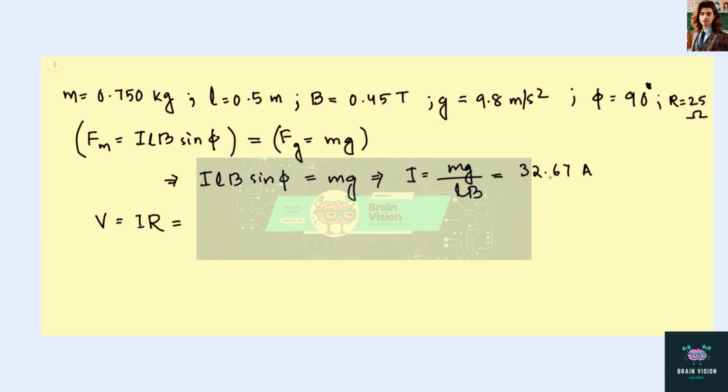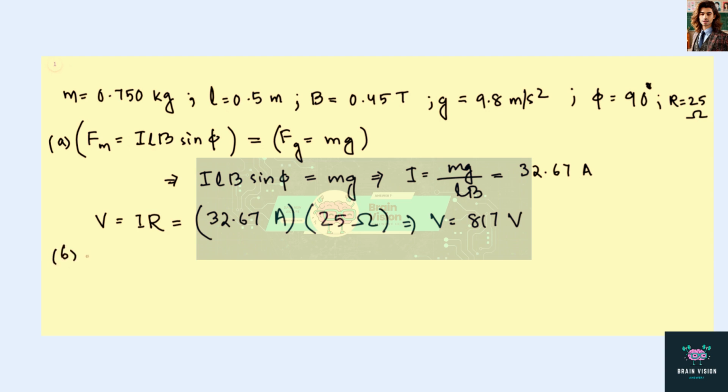So we use these two values over here, and we get the voltage to be 817 volts. So this is the first part.